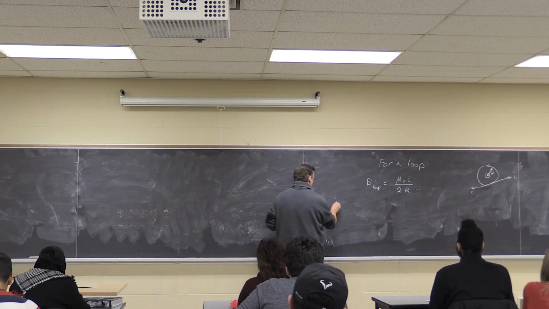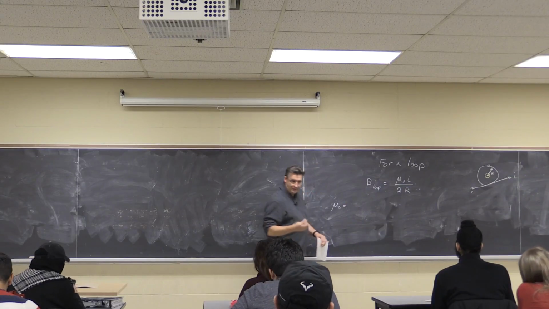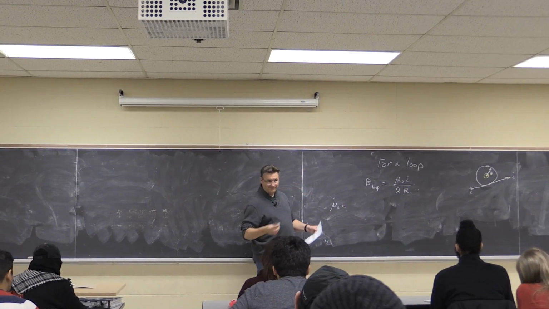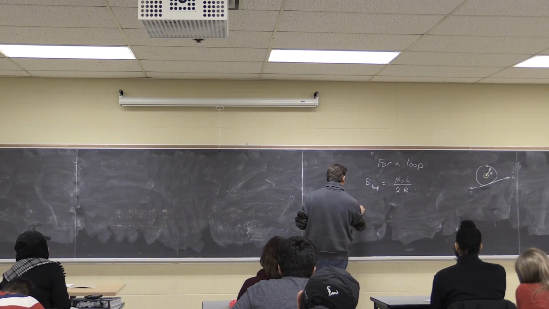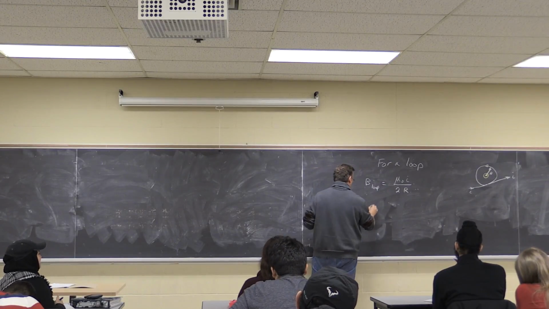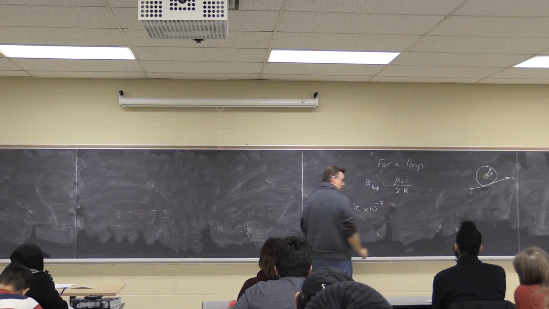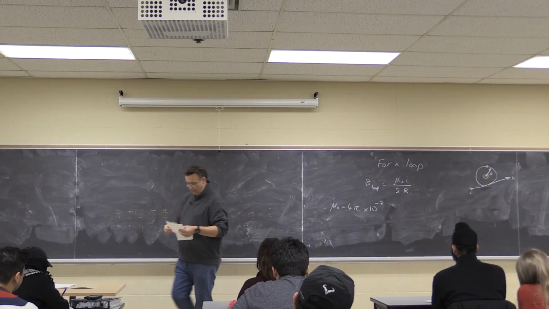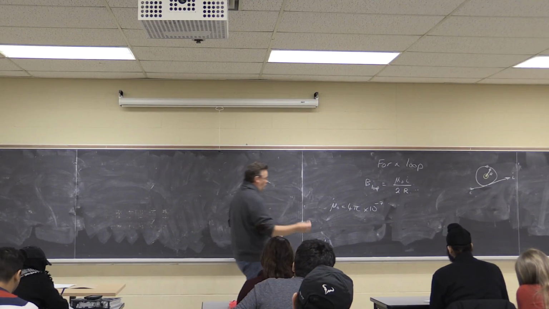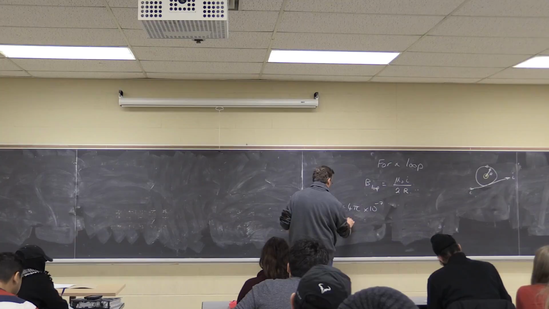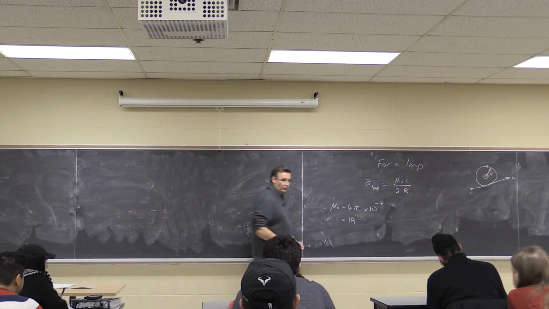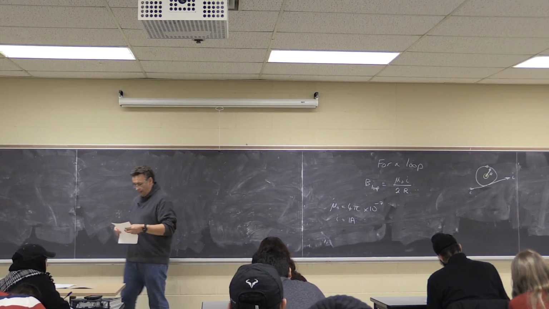So we know what mu naught is: four pi times 10 to the negative 7. It's also in your calculator if you don't remember it. So let's assume a current of 1 amp. That's a relatively large current to be flowing through a wire.